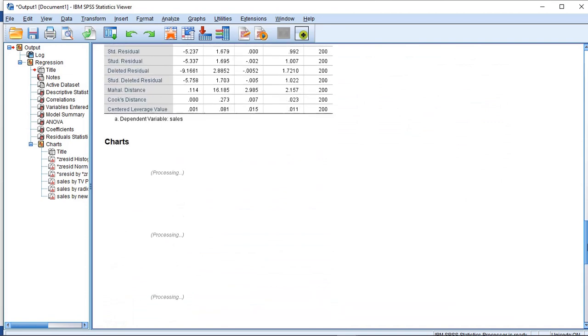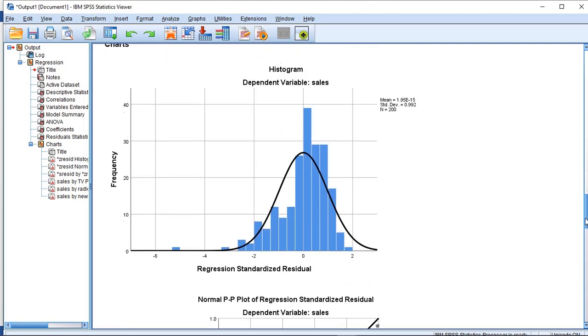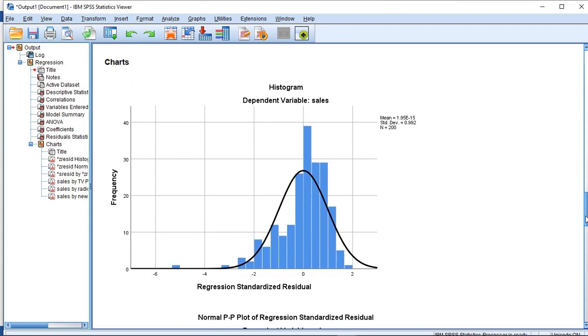Let's move on to the charts. These are the charts like what we have highlighted earlier. This is the histogram, and it is approximately normal, meaning to say the data is normal. The histogram also helps us to identify the outliers.